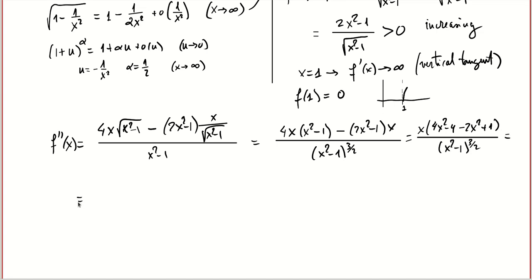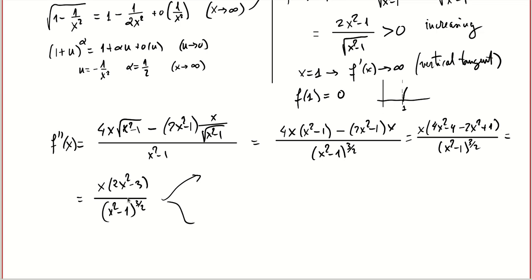And we simplify this. 4x squared minus 2x squared is 2x squared, and then minus 4 plus 1 is minus 3. So what we have is x times 2x squared minus 3, right, divided by x squared minus 1 to the 3 halves. All right. So what happens with the sign of this?